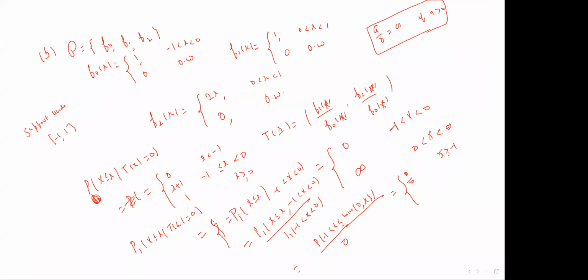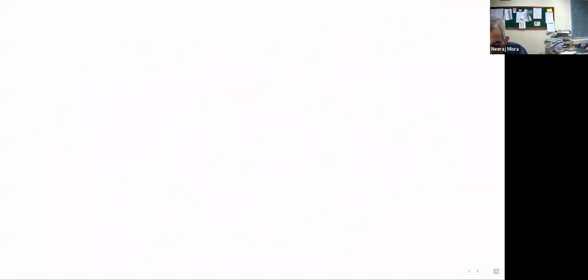Yes, sir. It says let x1, x2, ..., xn be IID with PMF f theta of x equals 1 by theta if x belongs to 1, 2, up to theta, and 0 otherwise. We are required to show that the family f theta is complete. I think that is one of the problems also, right?